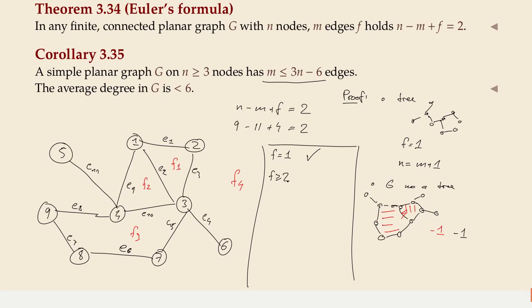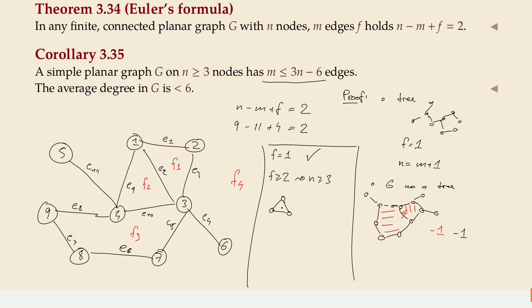The more interesting case is that we do have some cycle, and then we also use that we have at least 3 nodes, which is maybe not even a requirement in that case, so this follows. And then any face that we have must be enclosed by at least 3 edges.